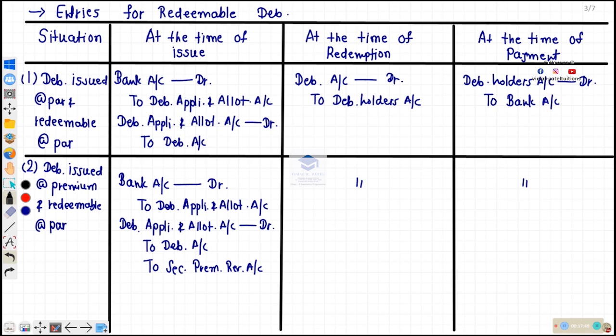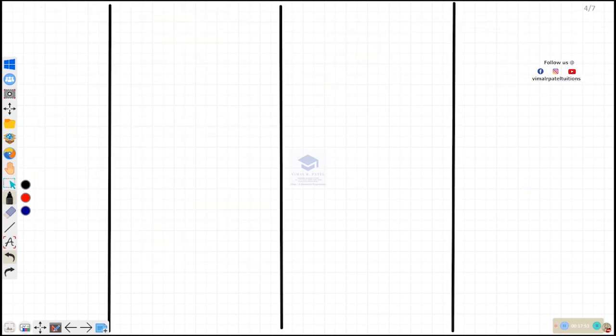Clear? Now, debenture issued at discount and redeemable at par.